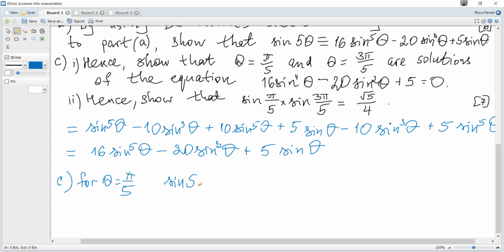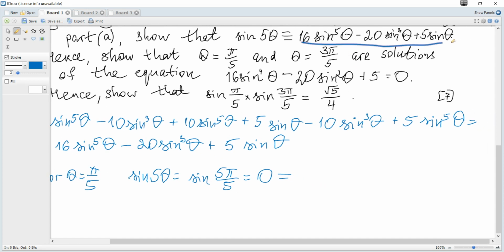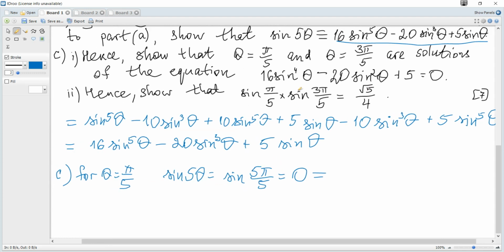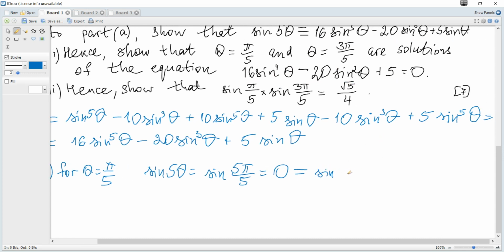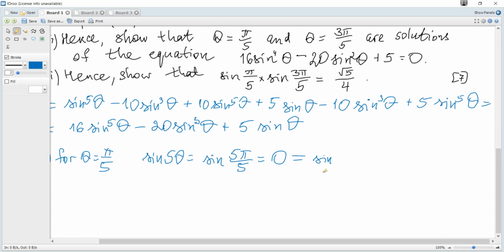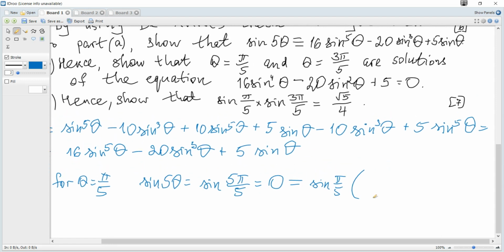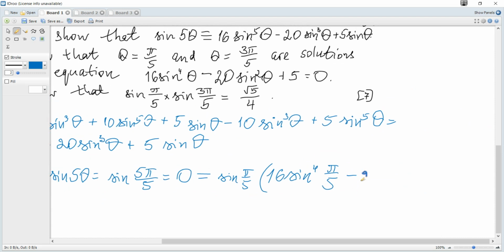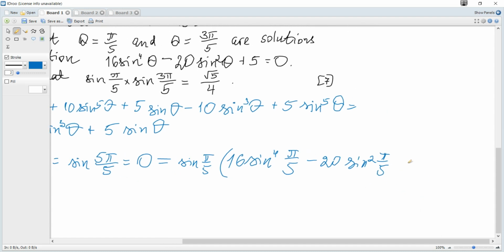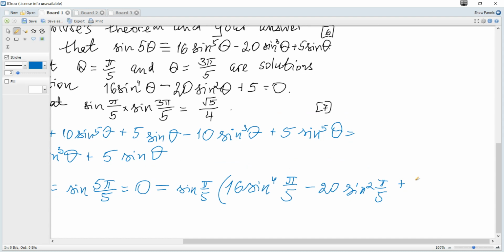So sine of 5 theta becomes sine of what? 5 pi over 5, it's sine of pi, which is 0, and it is equal to, and we can see that we can factor out sine of theta, and we can see that we need finally sine to the power 4, so you may guess that we need to factor out sine of theta, and since we substitute pi over 5, it becomes sine of pi over 5 times 16 sine to the power of 4 of pi over 5 minus 20 sine squared of pi over 5 and plus just 5.